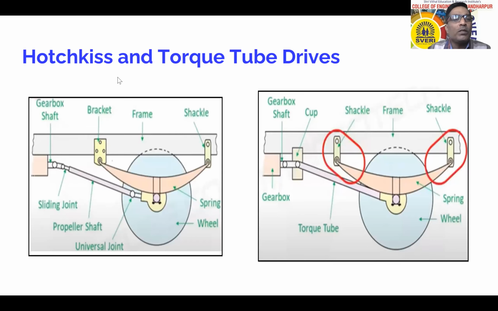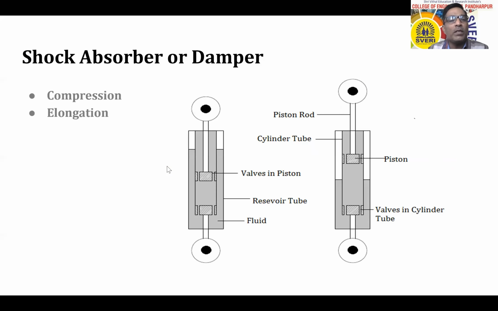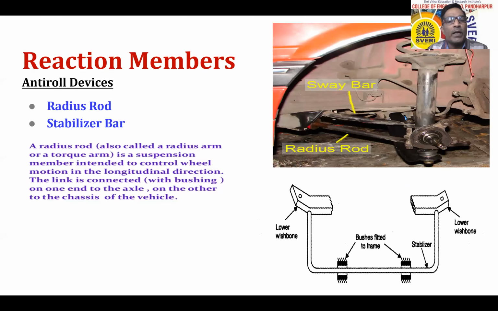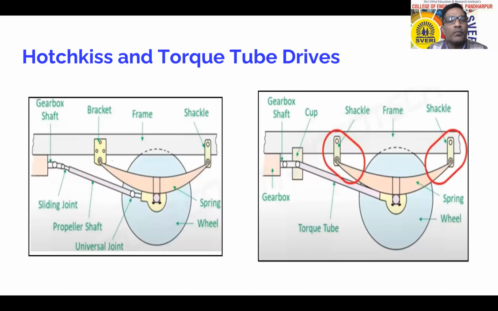So during the last lecture, we have seen the shock absorber, then reaction members, that is the radius rod and stabilizer bar, and what the functions of those reaction members are.